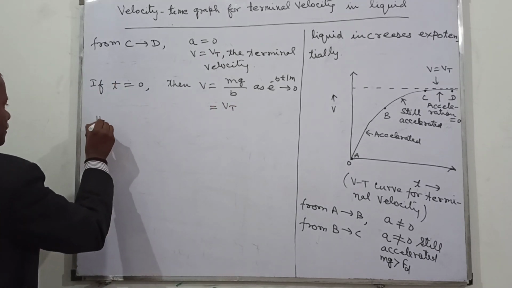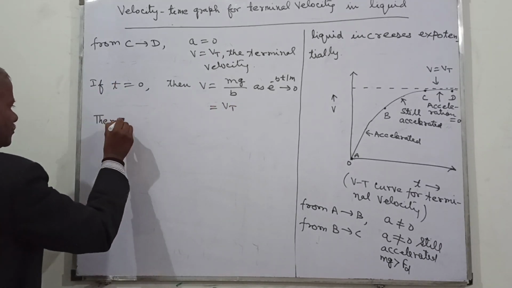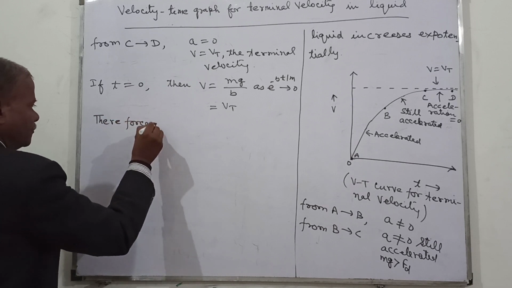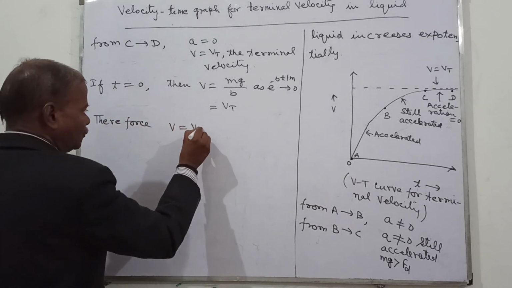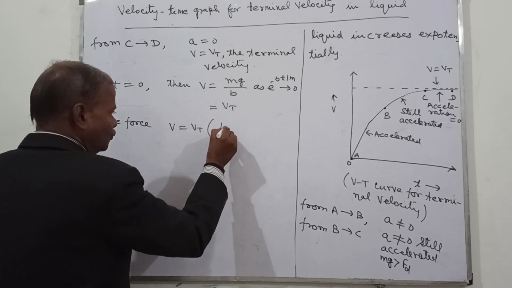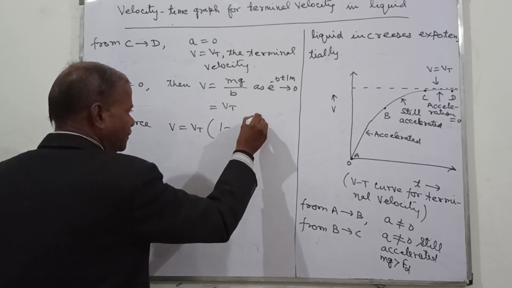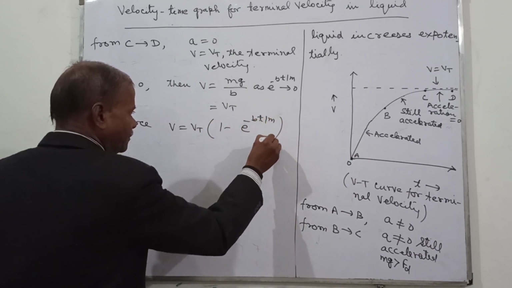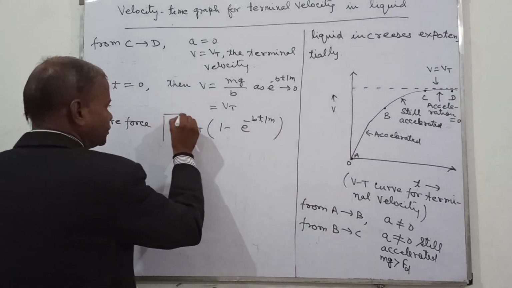Therefore v equal to v_t into 1 minus e to the power minus bt upon m.